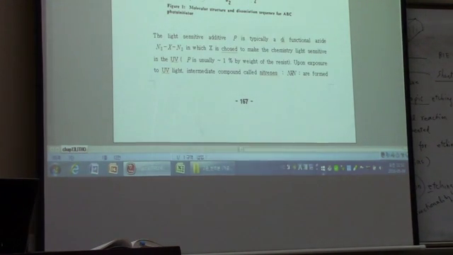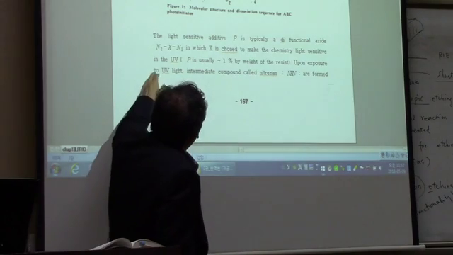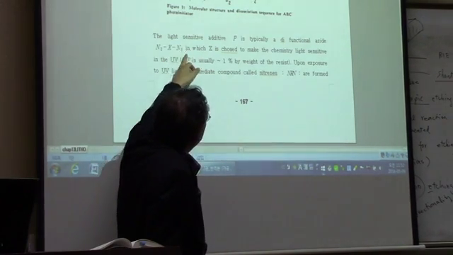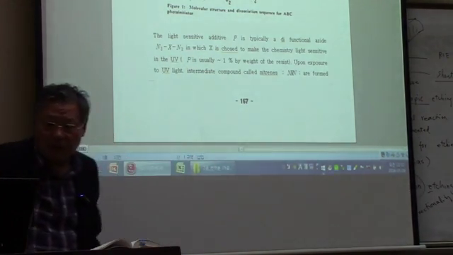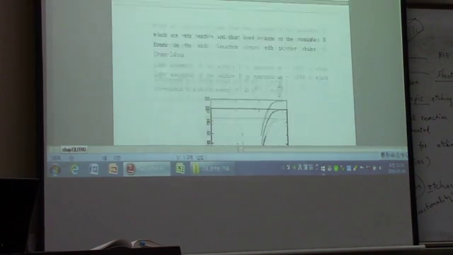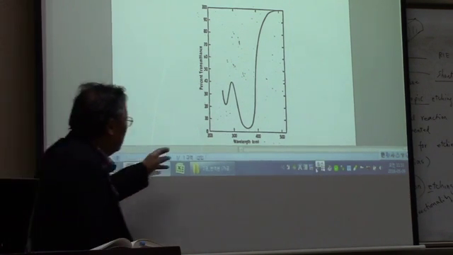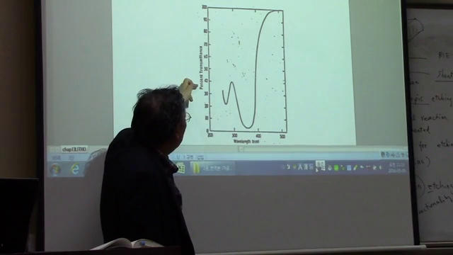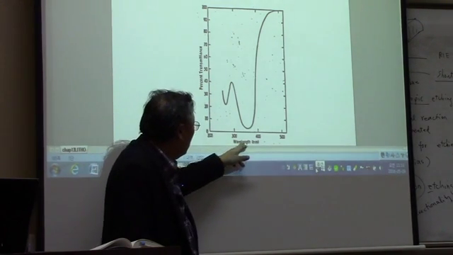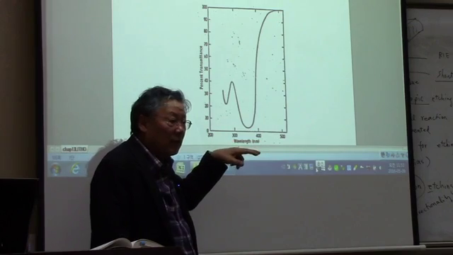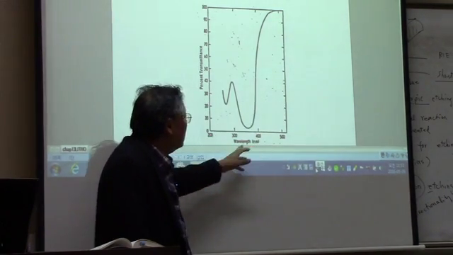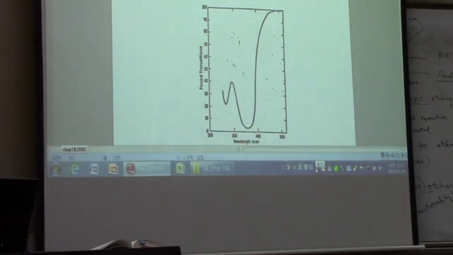Okay? So the light-sensitive additive P is typically these radicals. We don't have to understand the details of this, but you can see the amount of additive and the sensitivity of this polymerization with the light wavelength. It should have some sensitivity, so something like this, okay?